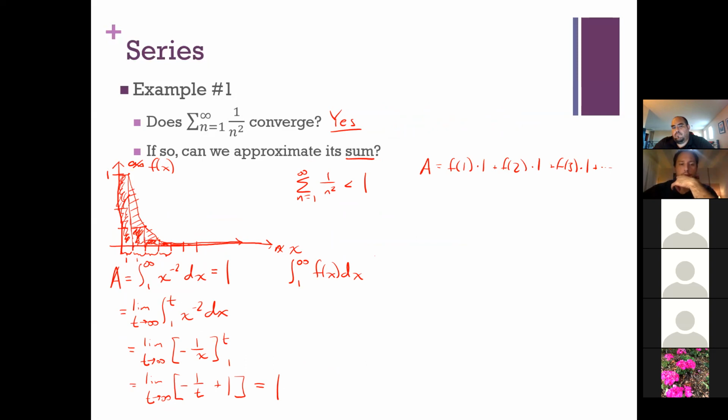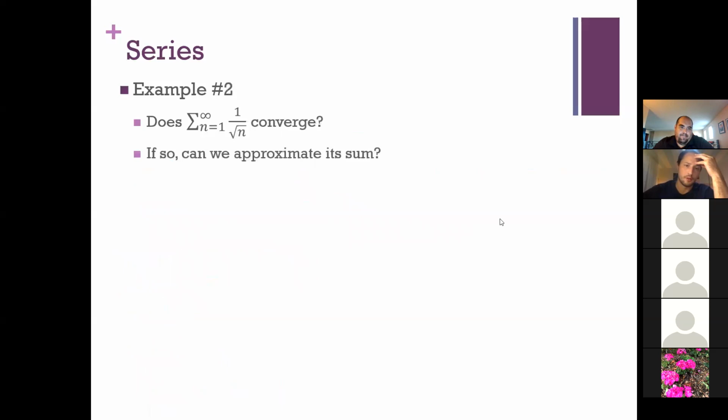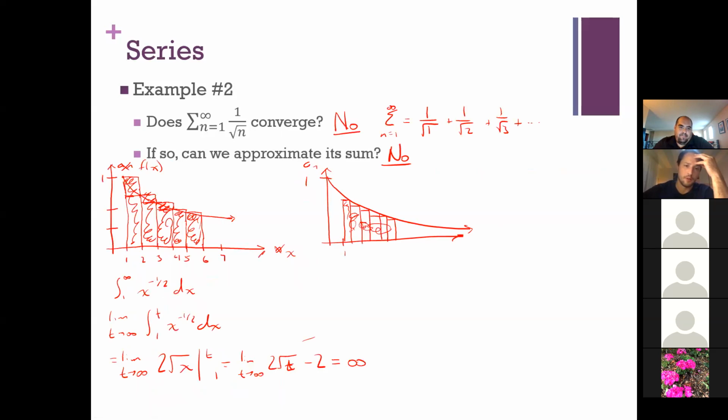Based on your graph of the series, you can see that it's underneath the curve, and you see that the integral itself converges to 1. So I guess my question is, sorry, I'm not formulating it correctly. Can you go forward one slide? Sure.